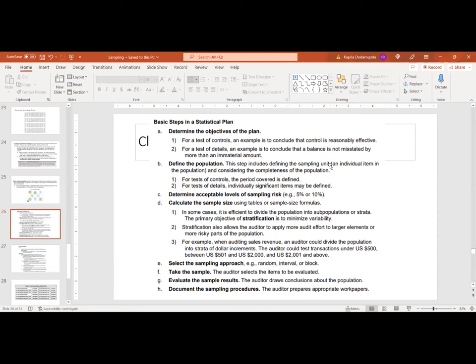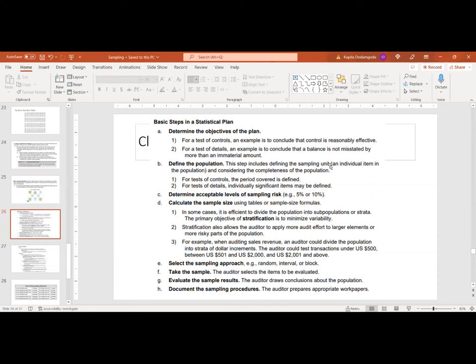So instead of giving a random chance for each and every invoice, you may be picking the customer, and when you pick the customer, automatically you will pick all the items of that customer. So then your sampling unit is customer, not invoice.